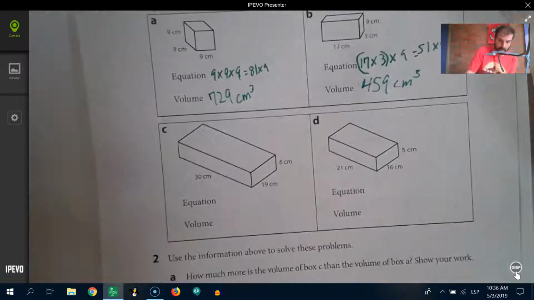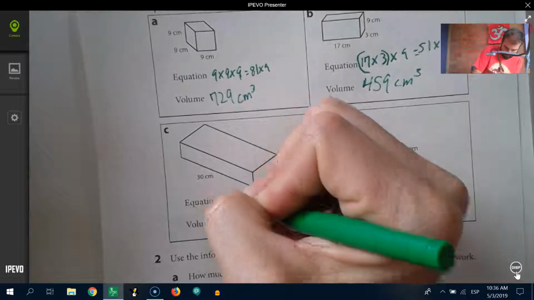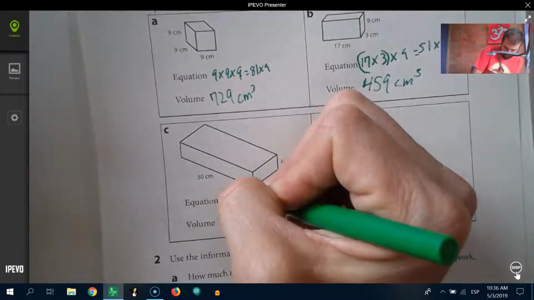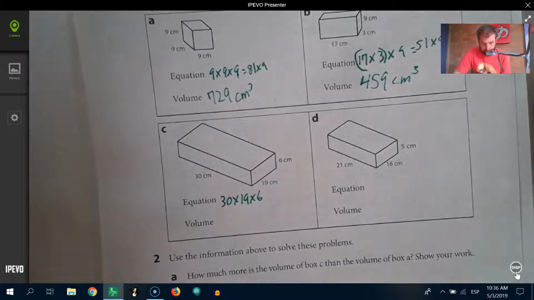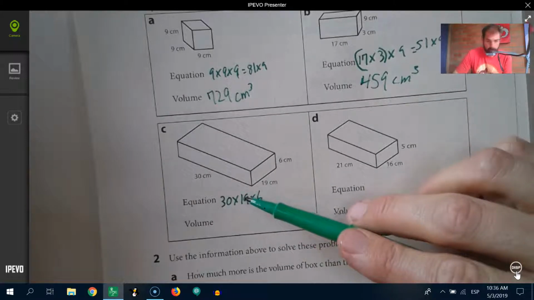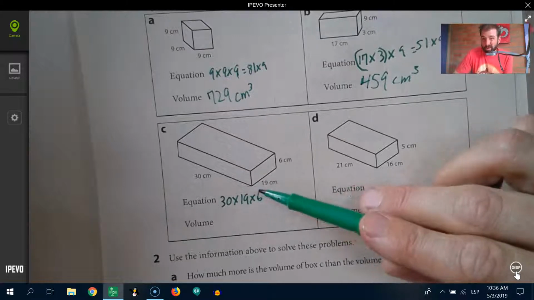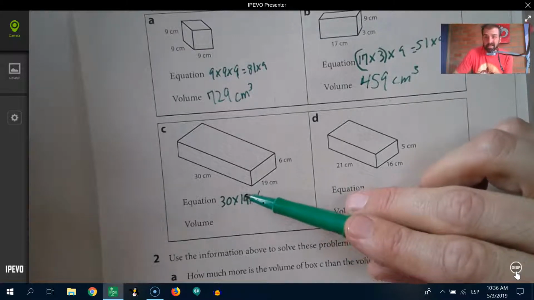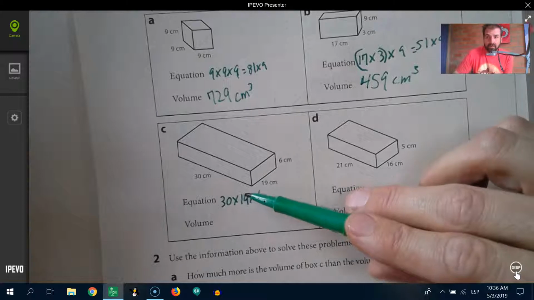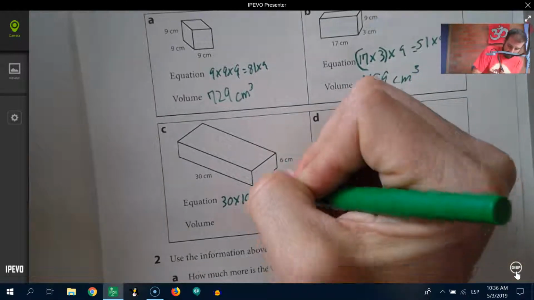All right. 30 by 19 by 6. Well, what if I do 19 times 30? So that'd be 3 times 19. What about this? 3 times 20 is 60, minus 3 is 57. Times 10 is 570.